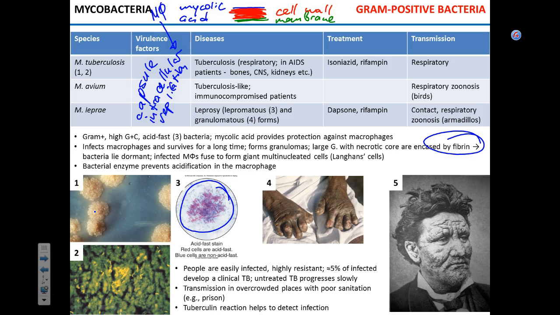Does that make sense? It will target and kill replicating cells. And yes, you can treat the patient so that tuberculosis is not detectable anymore. But you will always test positive for tuberculosis, meaning you were exposed. Your T cells were exposed to tuberculosis and will always be positive.